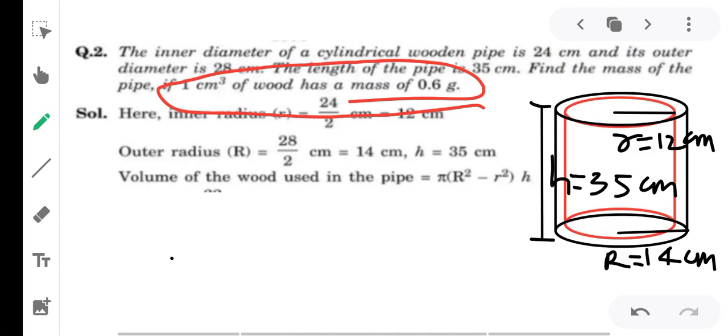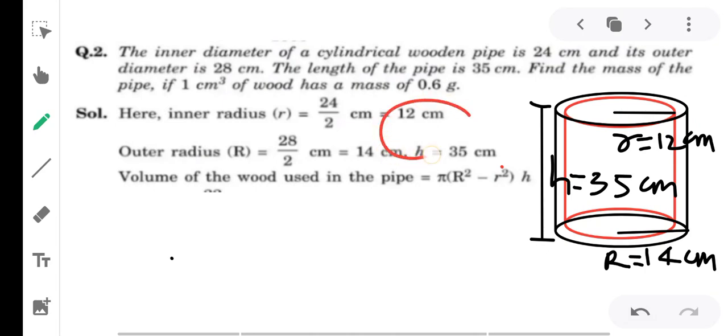It means that we have to find the density and we have to find the mass, right? So first of all, we have calculated the inner radius and the outer radius 14 centimeter, and now we will put the formula of the volume, right?